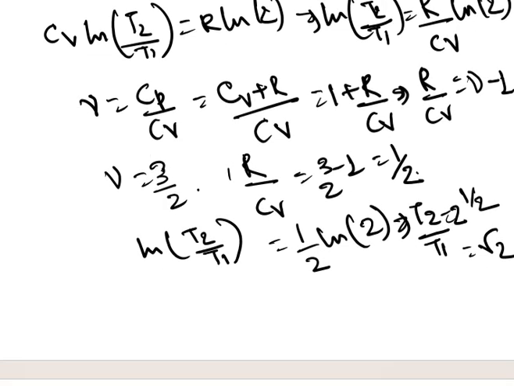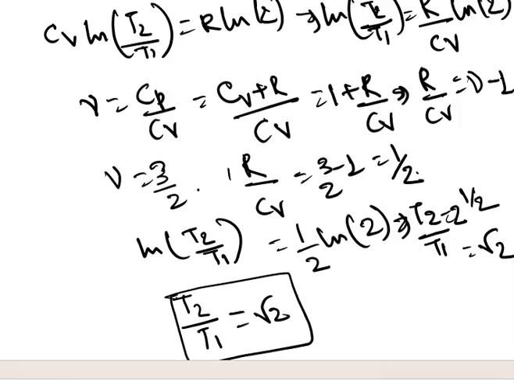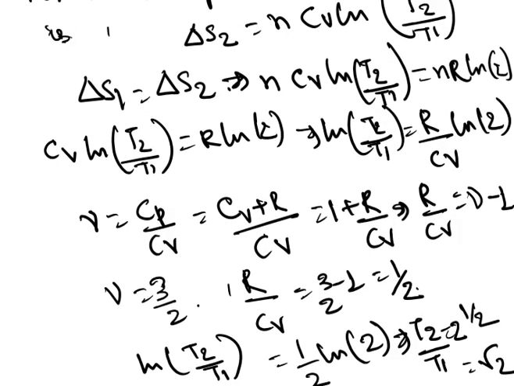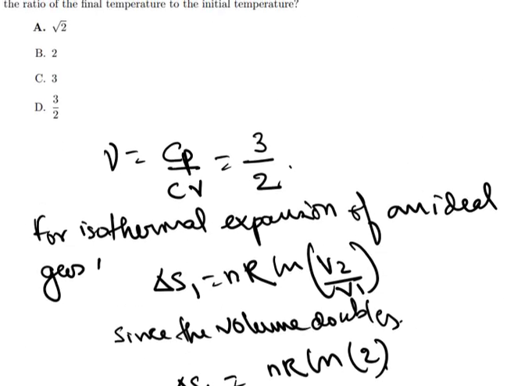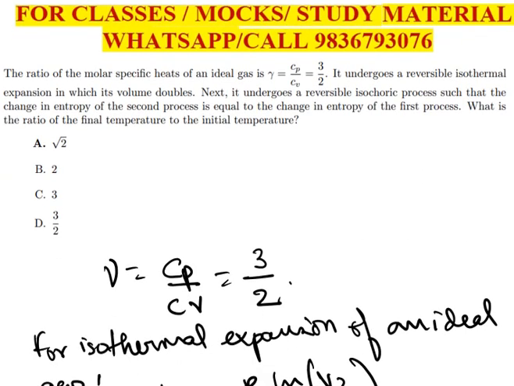So the ratio of the two temperatures, T2 by T1, is equal to root 2. So this is our required answer, which matches with option A of our given problem.